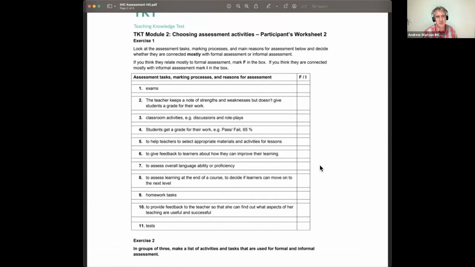If you think they're connected mostly with informal assessment, mark I in the box. So I'll give you a few minutes to work individually on this, and you decide.